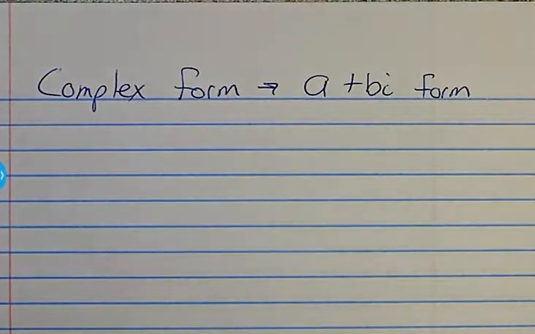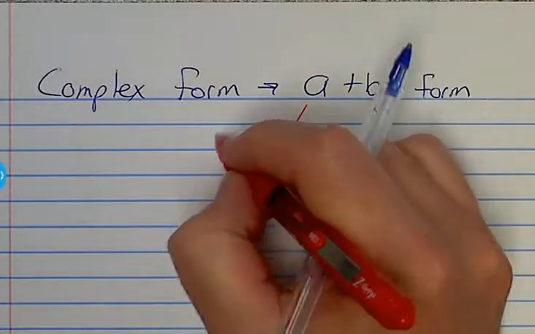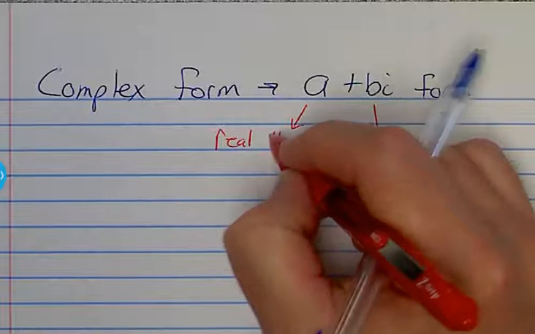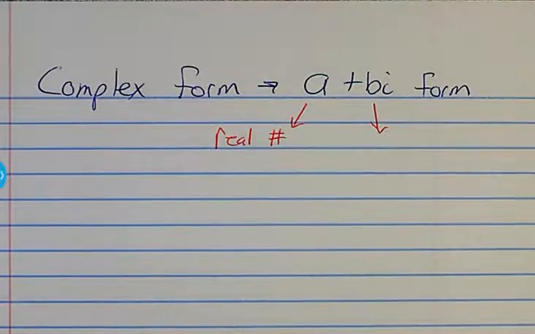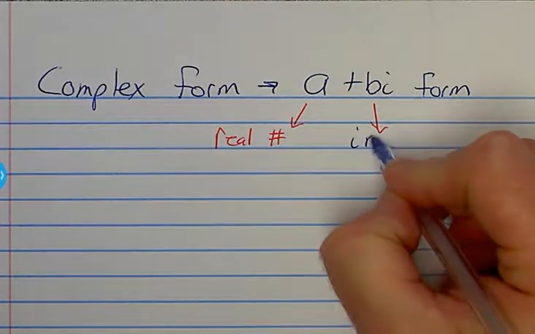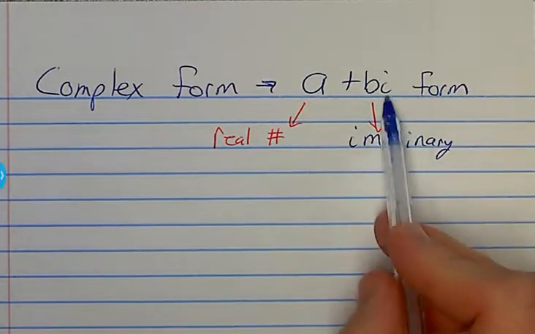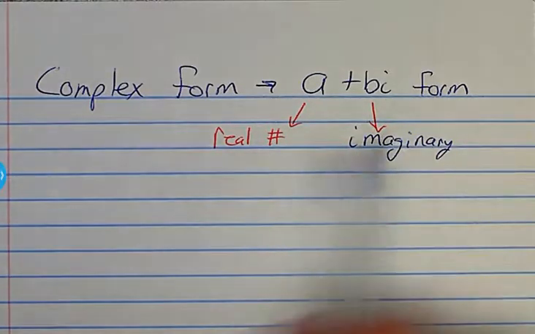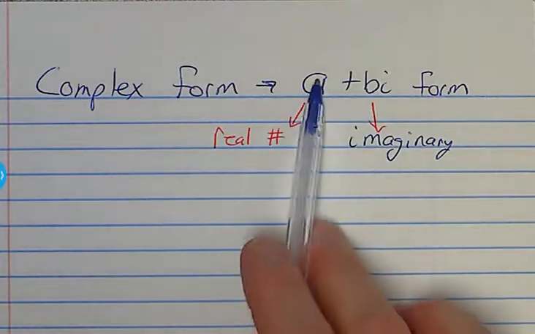Basically, it's almost in two parts. The a part is the real number part. That's going to be a 2, a negative 5, a 6 or a 7 or a 12 or something like that. The i part back here is the imaginary part. The i stands for imaginary, so whatever has the i part of it is always going to be on the back side. The real number part is going to be in front.